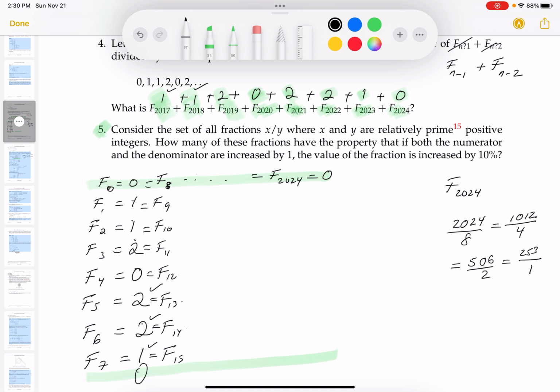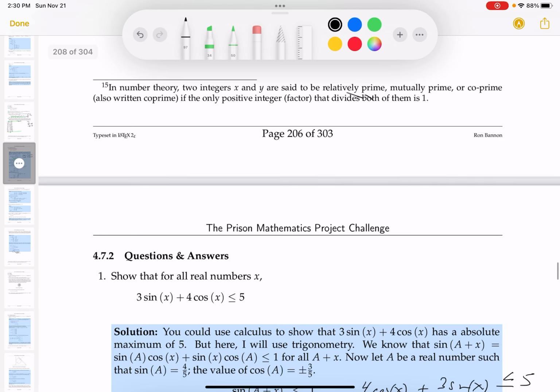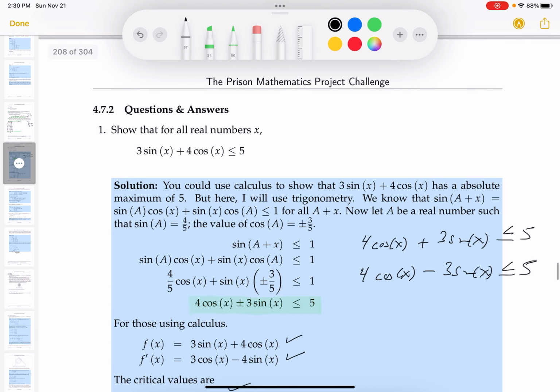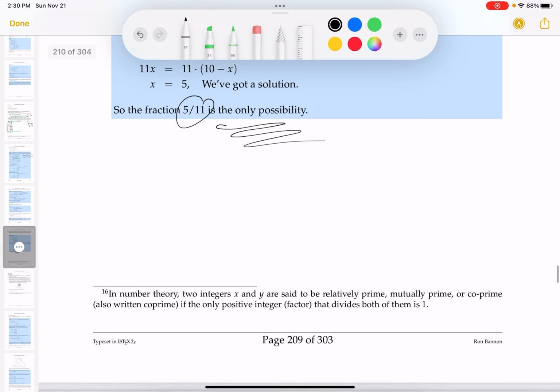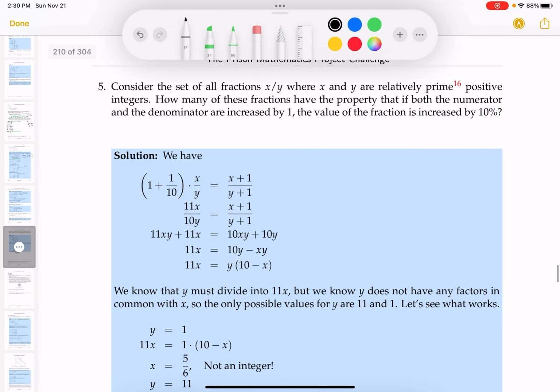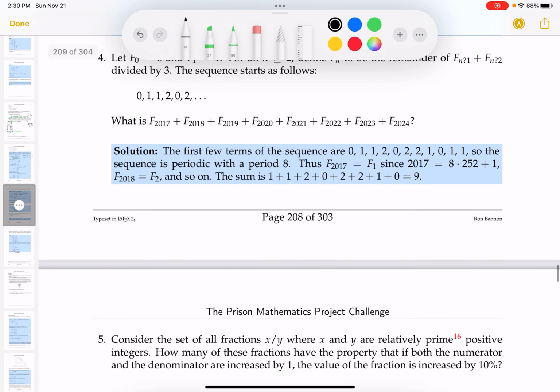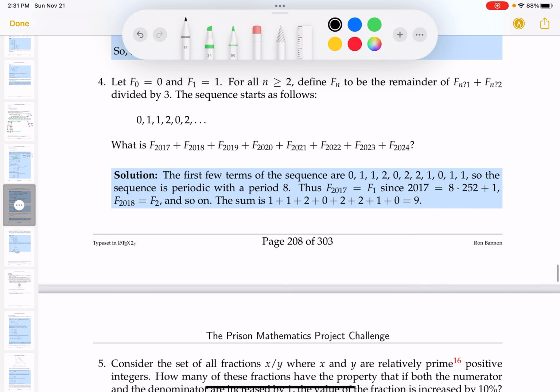1 plus 1 is 2, 4, 6, 8, 9. Let's see how we did. What number is that? That's not 5, it was 4 or something. Yeah, 9.